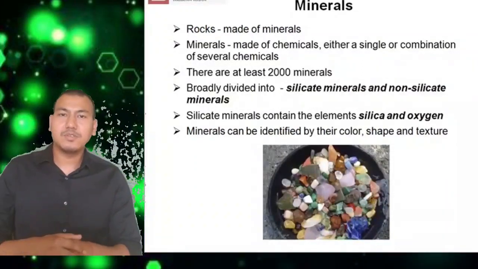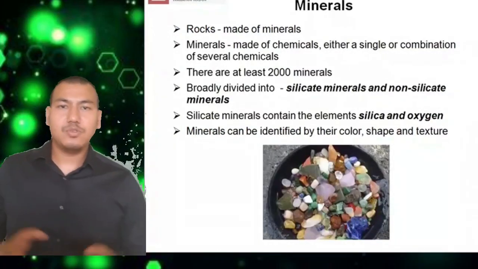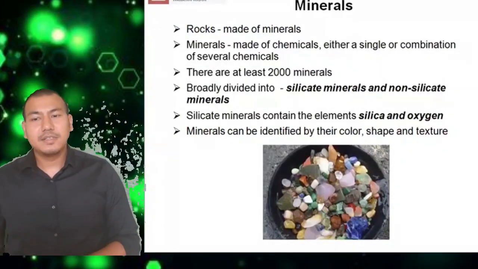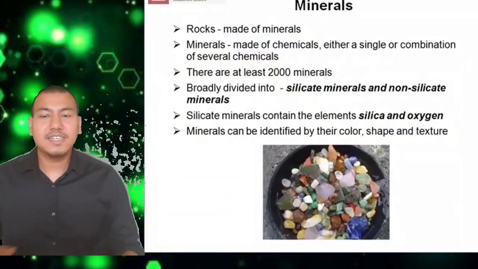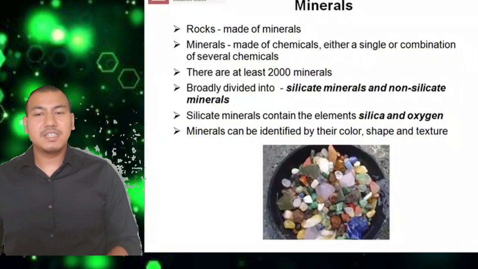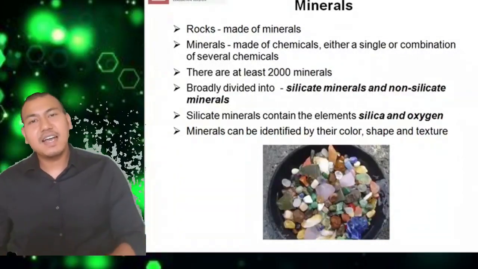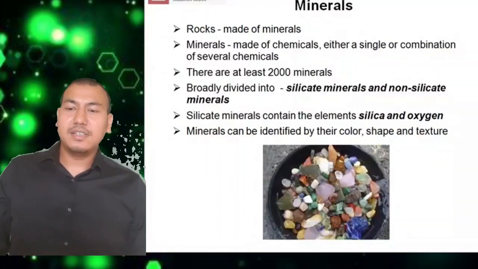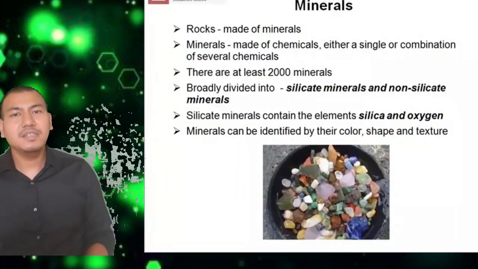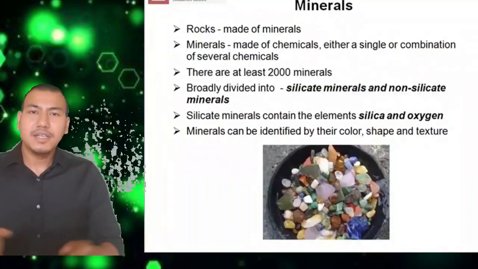There are about 2000 minerals in the earth, and they are broadly divided into silicate minerals and non-silicate minerals. Silicate minerals contain iron, silica and oxygen, and non-silicate minerals do not contain silica and oxygen. Minerals can be identified by their color, shape and texture.